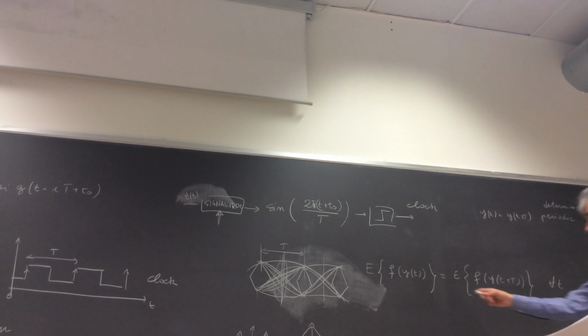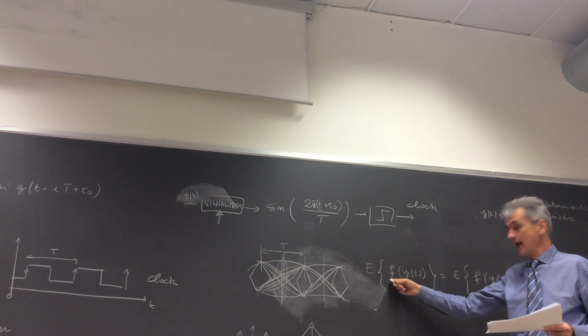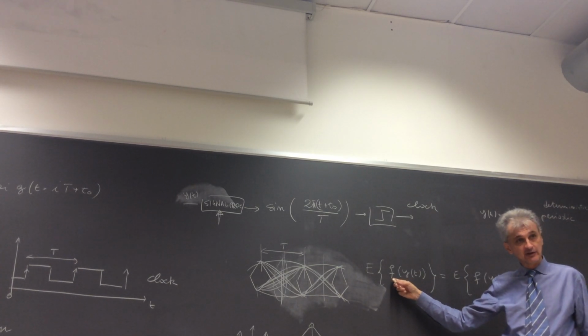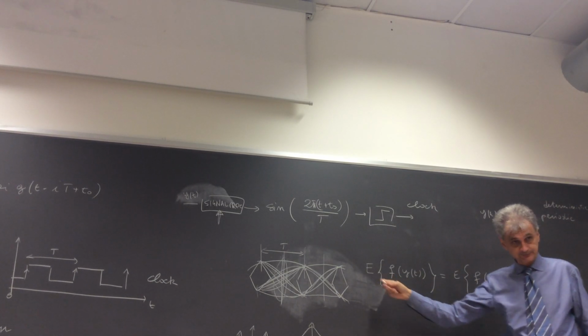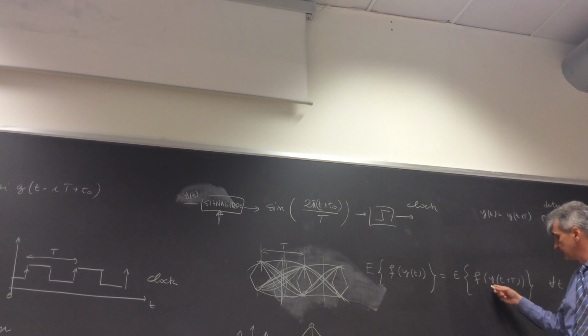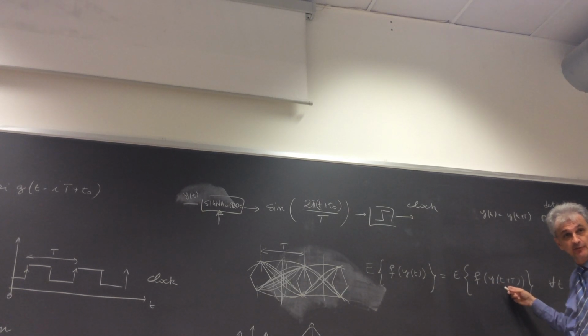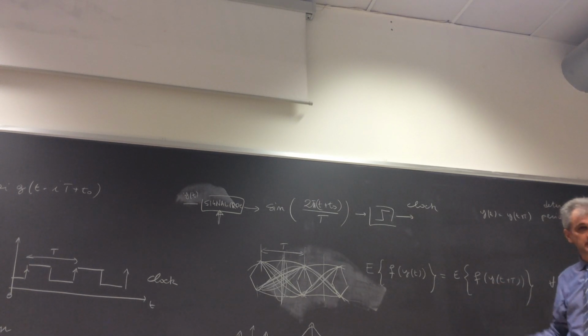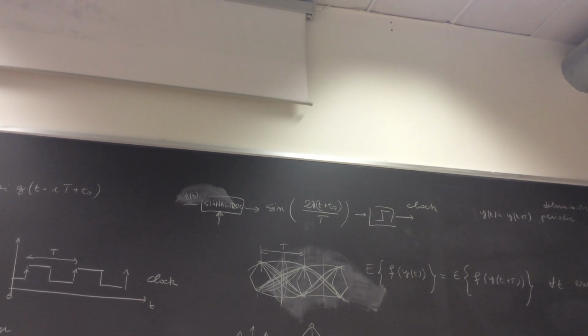This is what happens with a random signal. You make any transformation of the random signal, take the expectation, you repeat the operation, but now transform, in place of y of t, transform y of t plus capital T, and take the expectation. If this is true for any t, then the random signal, random y, is cyclostationary.